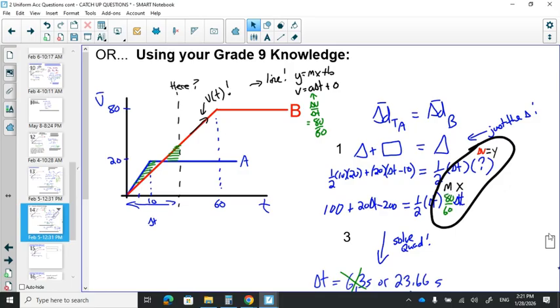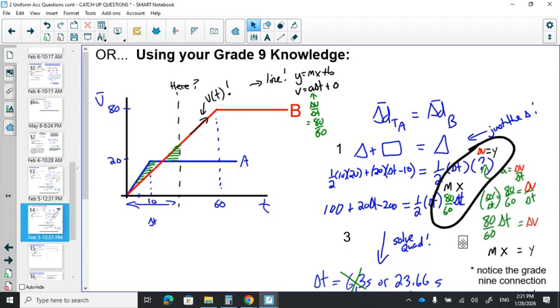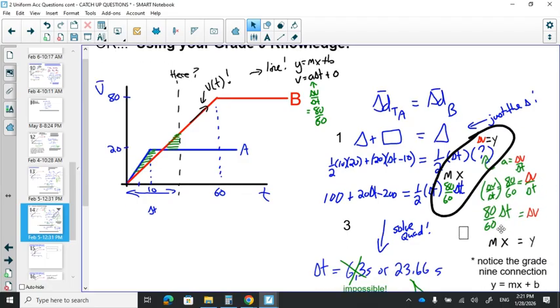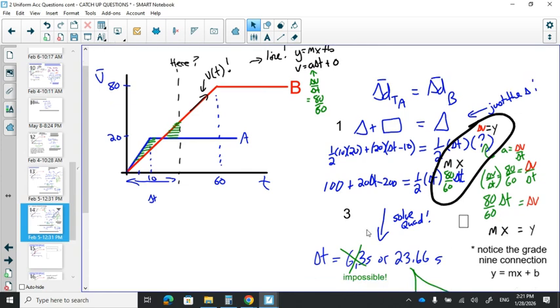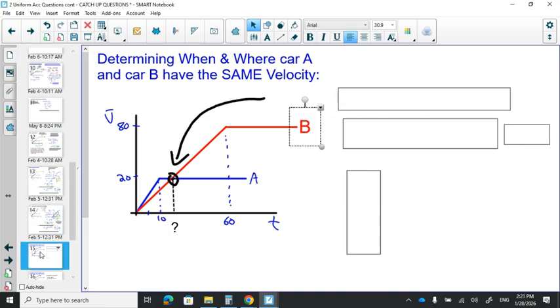And it's just the same as what we did before. It's just noticing that this delta v equals 80 over 60 delta t is really the slope times the x variable. Okay, so that's just noticing that grade 9 math connection, which is kind of a nice little throwback to grade 9. You don't have to do it that way, but you could, right?